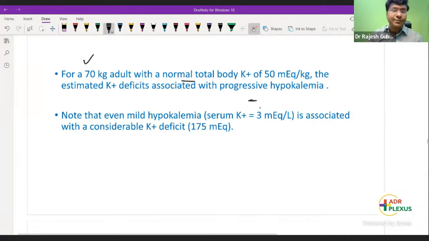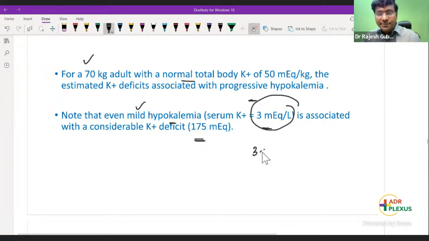associated with progressive hypokalemia. So now you need to know, for example, even mild hypokalemia, that is serum potassium of 3 milliequivalents per liter. You know how much is the potassium loss? It is around 175 milliequivalents being lost. Normal value is 3.5.